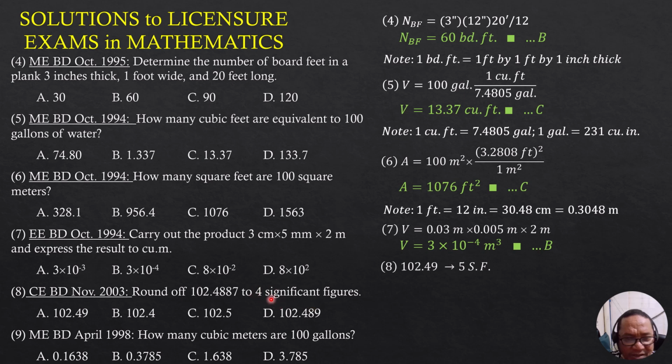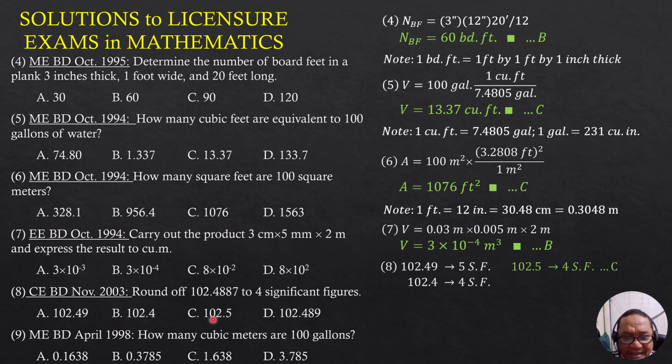The instruction is to 4 significant figures. Letter B is 4 significant figures, but this is not the answer when rounded off to 4 significant figures. Then it is letter C because when we estimate 0.4887, when we round off this value to 4 significant figures, it should be 102.5.